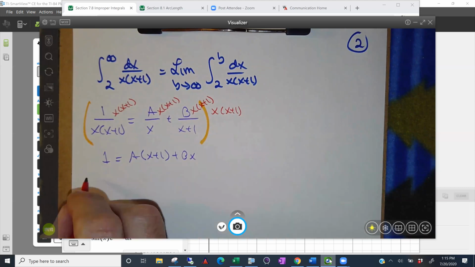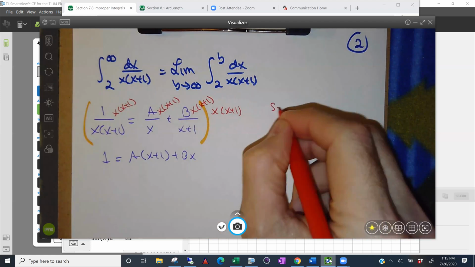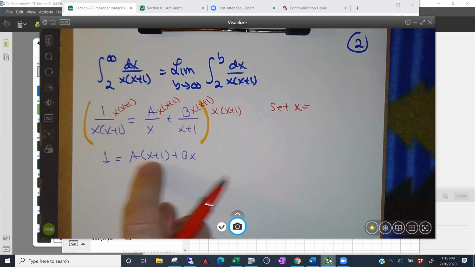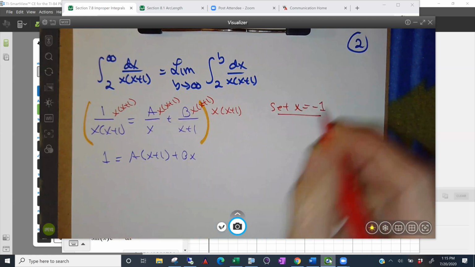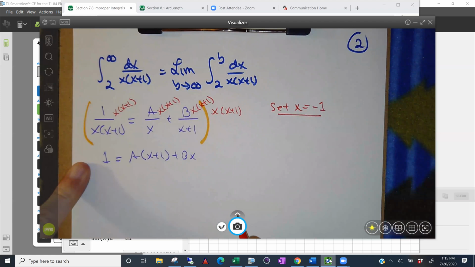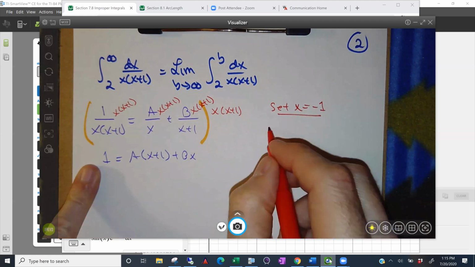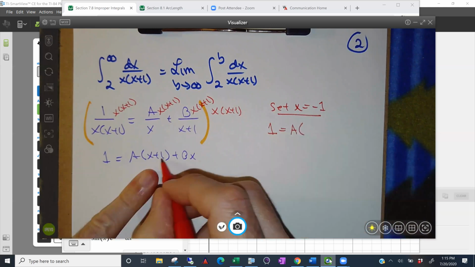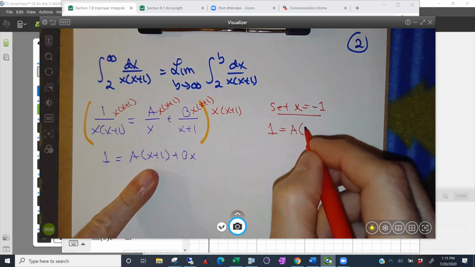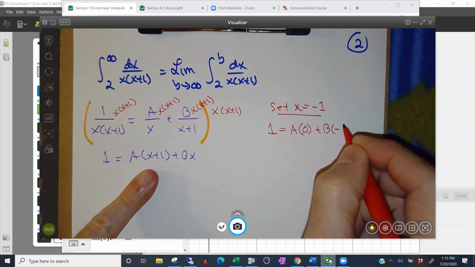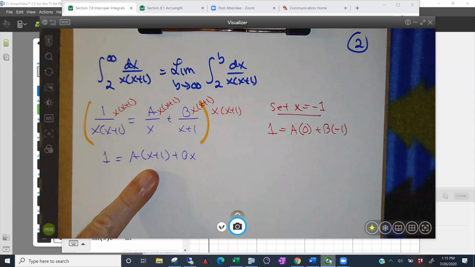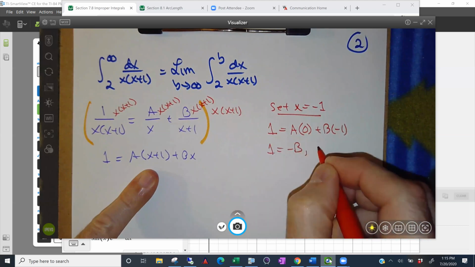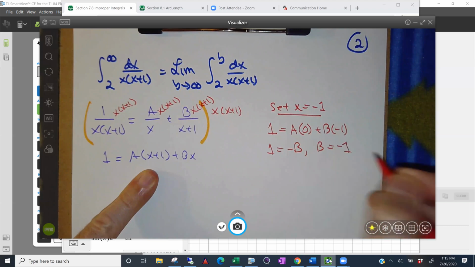For instance, if I was to set x equal to, say, negative 1. Since there's no x on the left-hand side, I just get 1 equals A times negative 1 plus 1, which is 0, plus B times negative 1, and I end up with B equals negative 1.